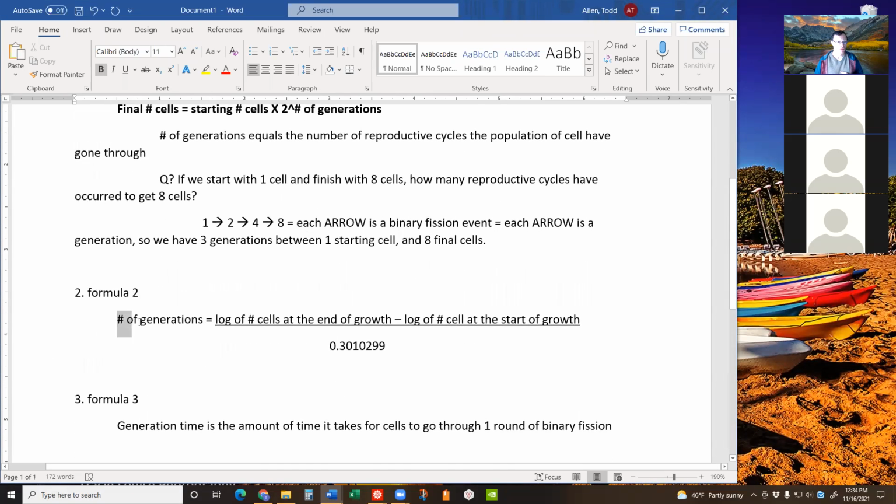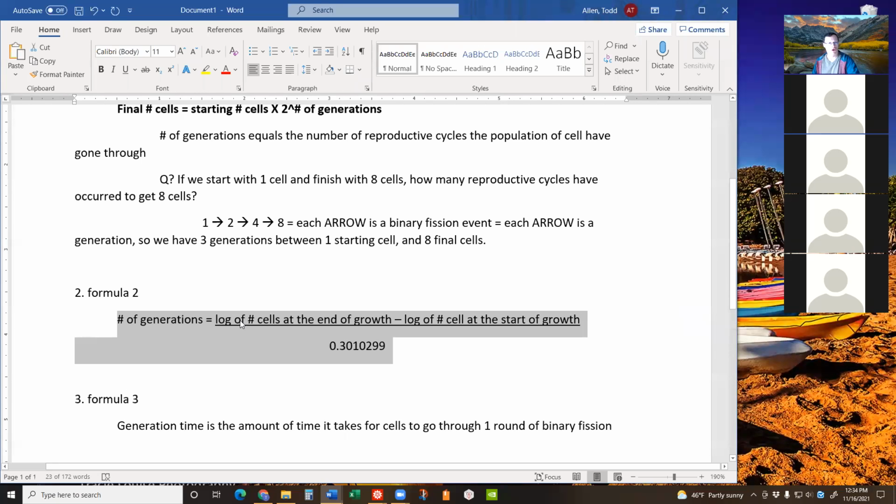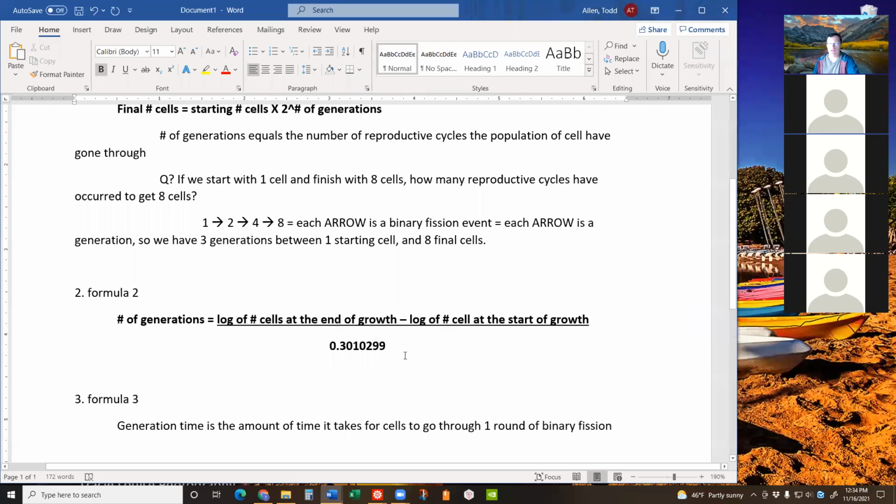Formula number 2: the number of generations equals the log of the number of cells at the end of growth minus the log of the number of cells at the start of growth, divided by this decimal, 0.3010299, which I pointed out last time is actually the base 10 log of the number 2.